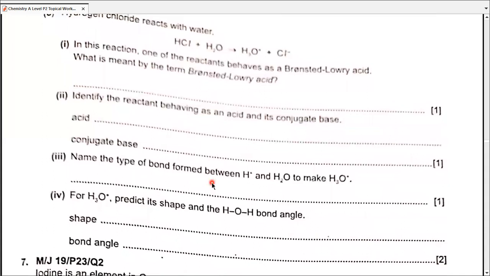And finally, 4. The shape would be trigonal bipyramidal, and the bond angle would be 107. Can you repeat the shape? Trigonal bipyramidal.